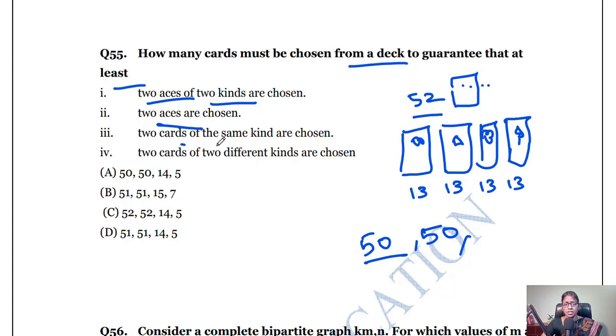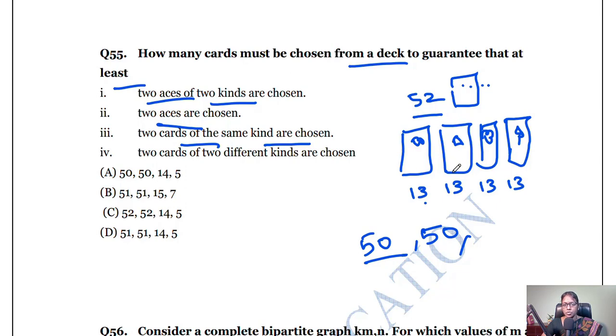The next one is: 2 cards of the same kind are chosen. That means A to 13: A, 2, 3, 4, 5, 6, 7, 8, 9, 10, and J, Q, K. If I take another card, it will be the same, A or 2 or 3 or 4.